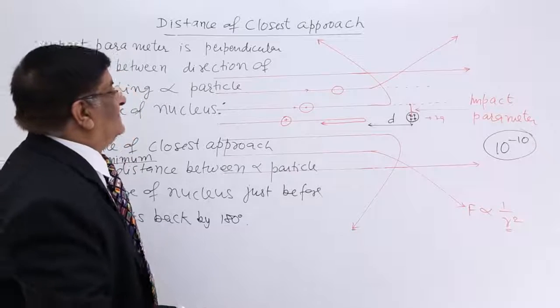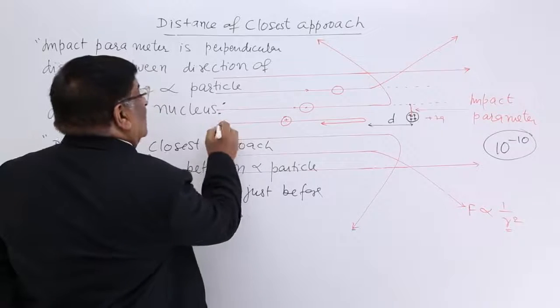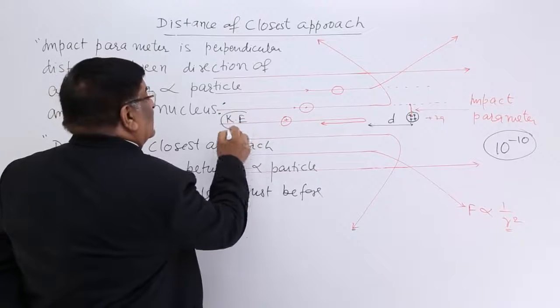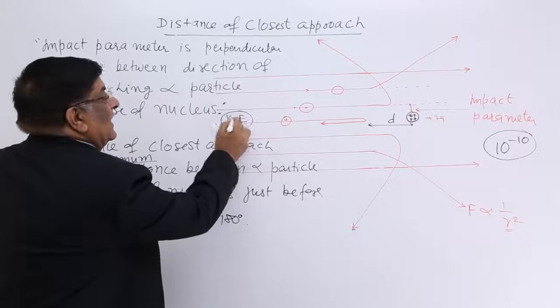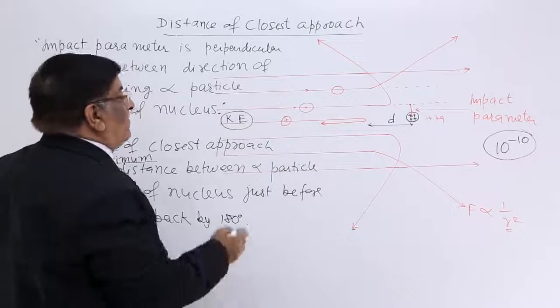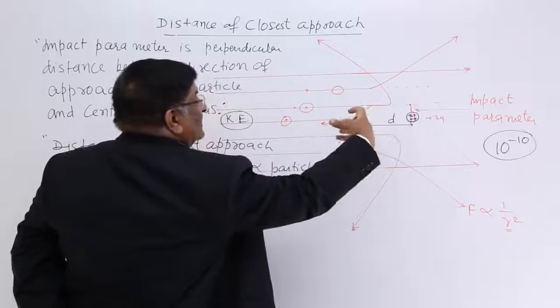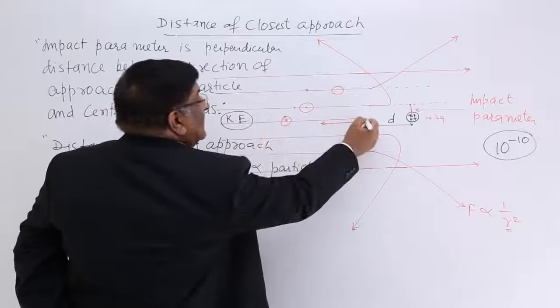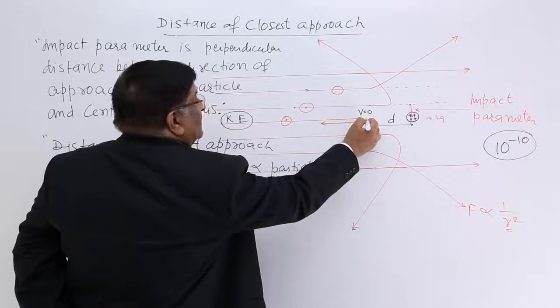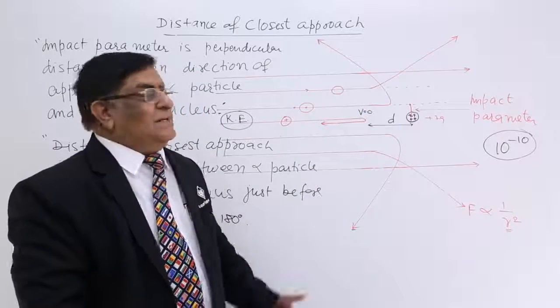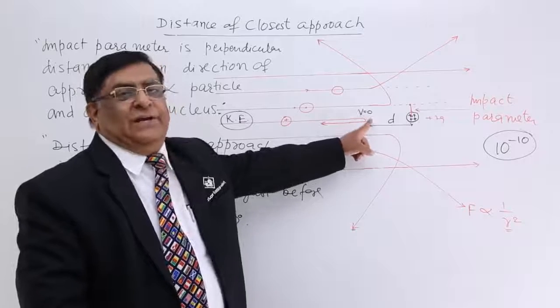For the calculation, the alpha particle is going from here with a certain velocity, and because of that velocity it has kinetic energy. Now on this path, because of the continuous force of repulsion, here its velocity becomes 0 and the kinetic energy becomes 0. Where has it gone? Answer: it is converted into potential energy.